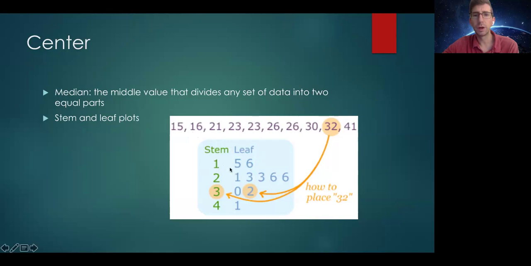So this 1 and 5 together, that makes a 15. The 1 and the 6, that shows it's a 16. And likewise here, for this 21, I've got a 2 and a 1. That's my 21. I've got two 23s and two 26s, so I've put two 3s here for 2 23s and 2 26s, and so on.